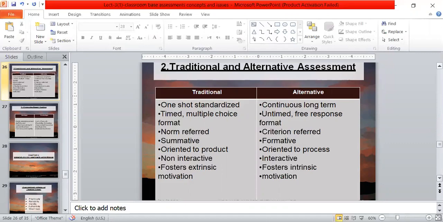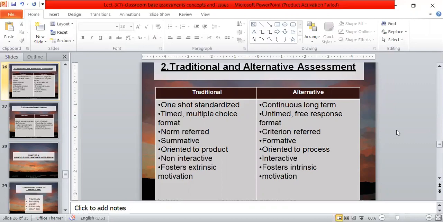Because in multiple choice format, the respondent is bound to share the thing within that provided time, whereas in untimed free response format, he or she has to go through in depth.